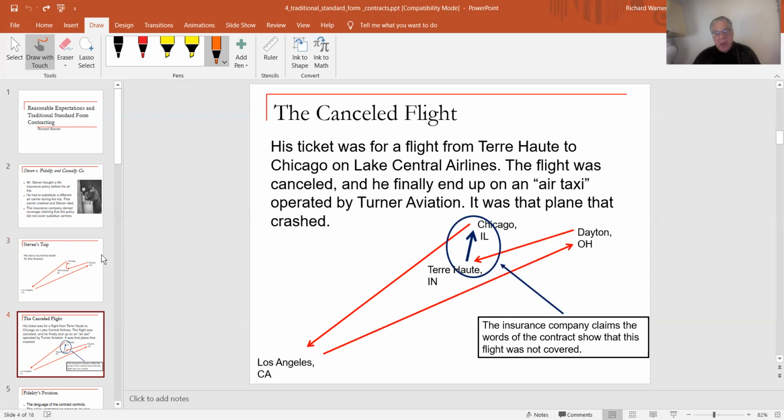So as background, what the ticket shows is a flight from Terre Haute to Chicago on Lake Central Airlines. That flight gets canceled, and he finally ends up on what the court calls an air taxi, a charter, as we would call it now, operated by Turner Aviation, and it was that plane that crashed.